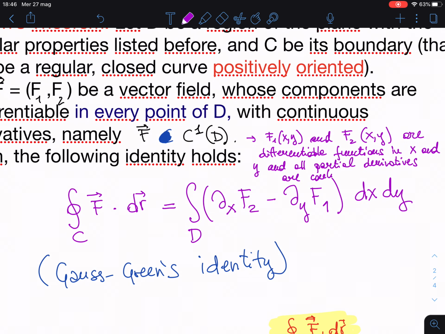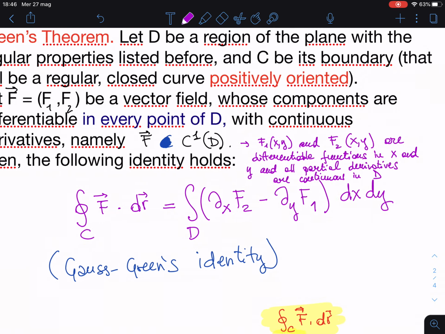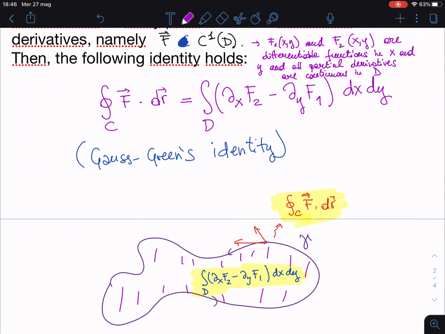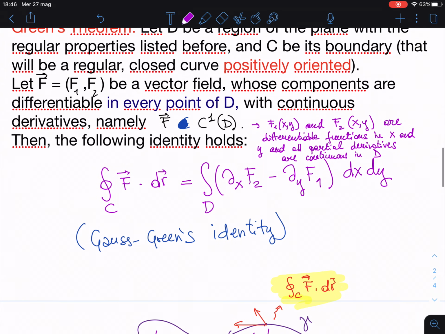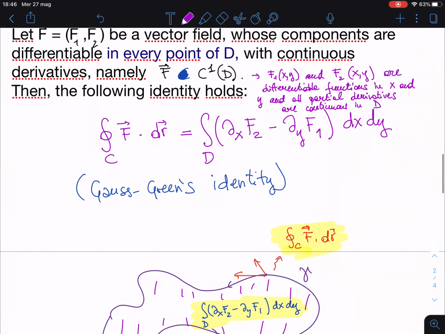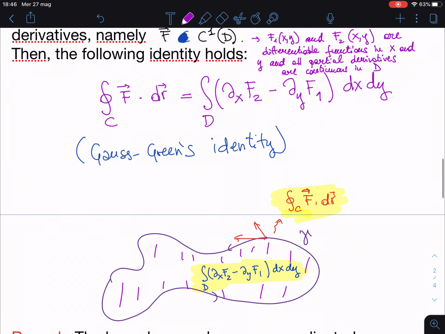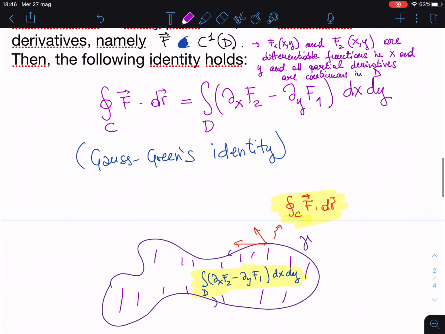Where continuous? At every point of D. Okay. Then the following identity holds.